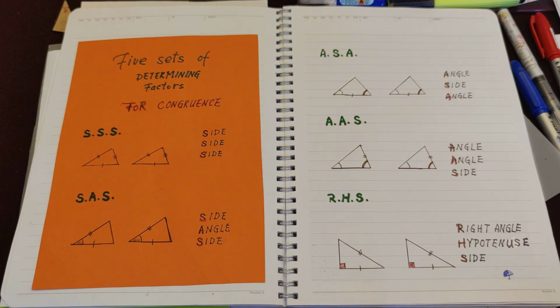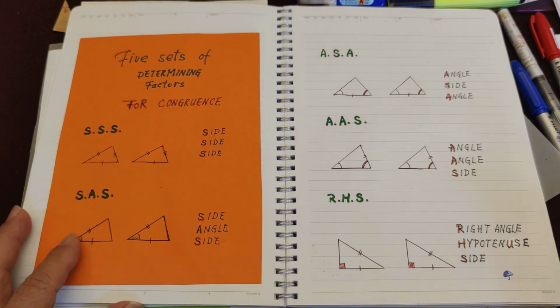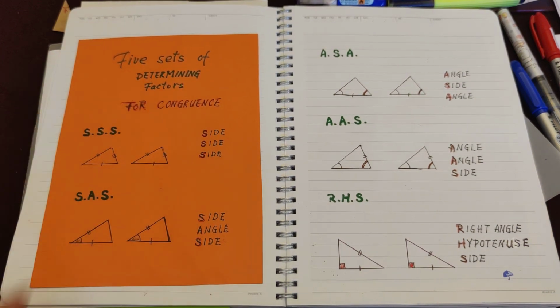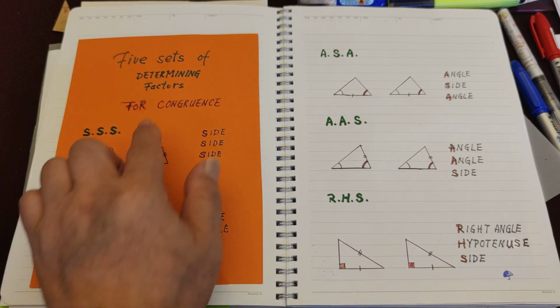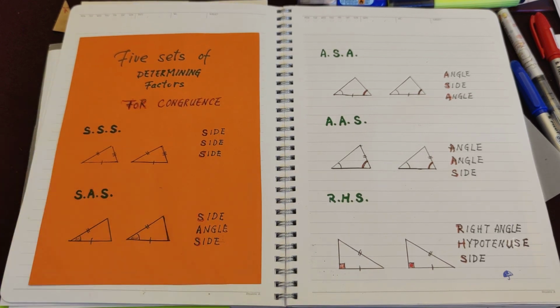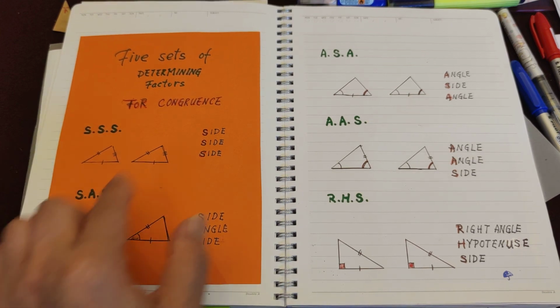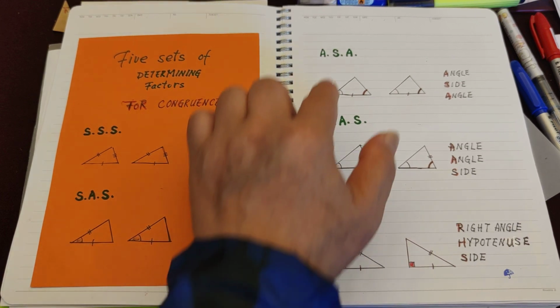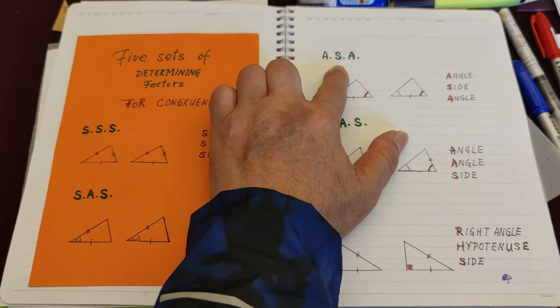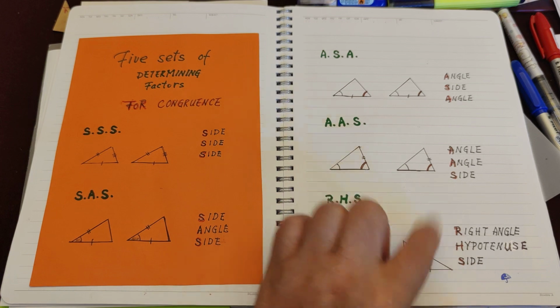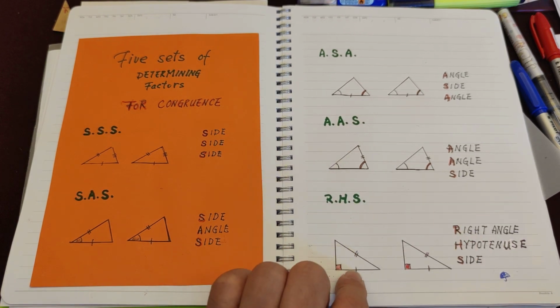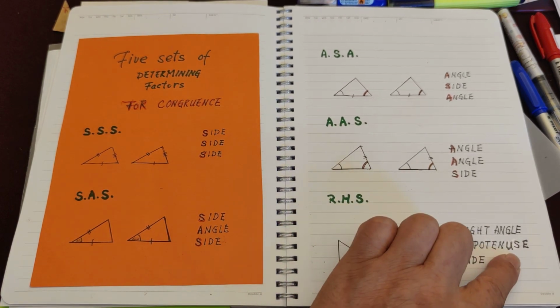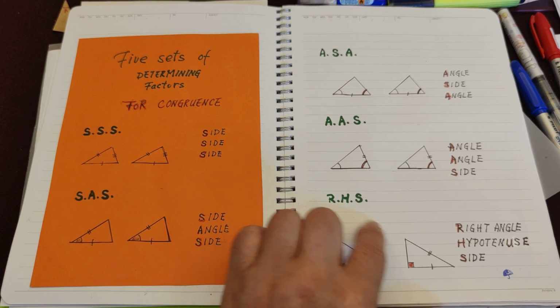And we can see that there are 5 sets of determining factors for congruence of triangles. Namely, they are SSS, SAS, ASA, AAS, and RHS, where A stands for angle and S stands for side. And R stands for right angle, H stands for hypotenuse, and S stands for side.